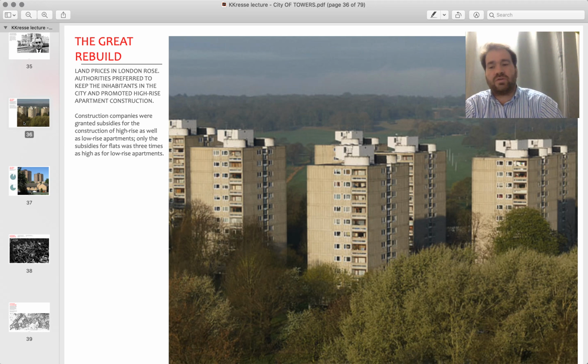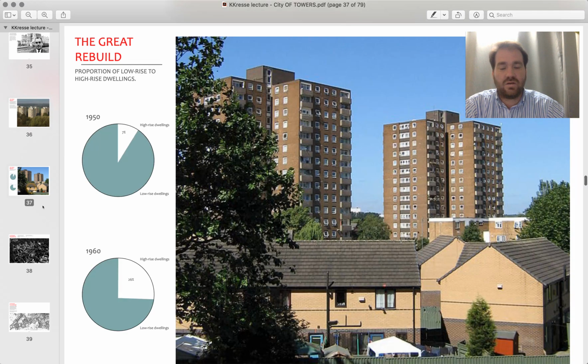Consequently, a lot of high-rise estates started emerging. That's what you see here in this graph. In the 1950s, only 7% were high-rise in Britain, and in 1960 that increased to 26%.